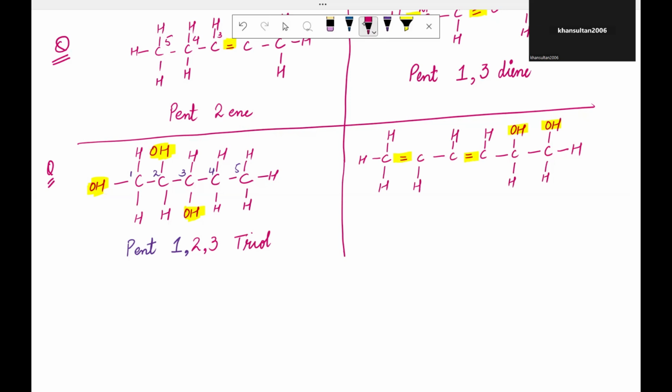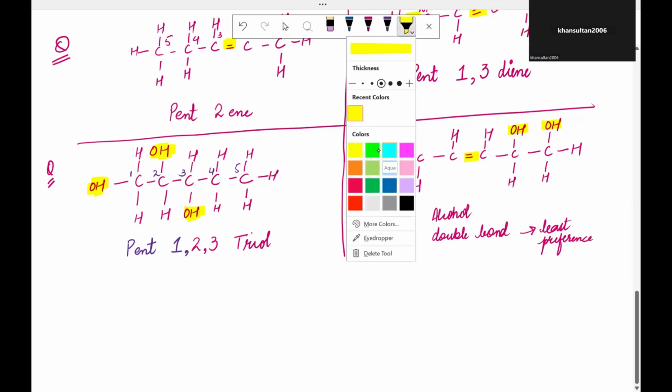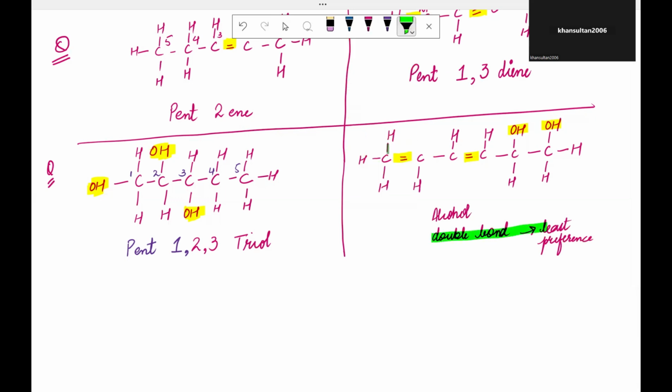I'm going to answer it afterwards. First, just remember this: between alcohol and double bond, the double bond is given the least preference. In every case, it should be given the least preference. This double bond should be given the least preference.